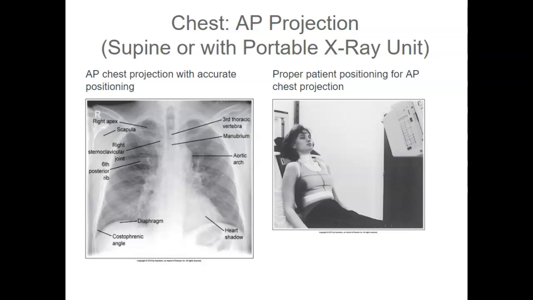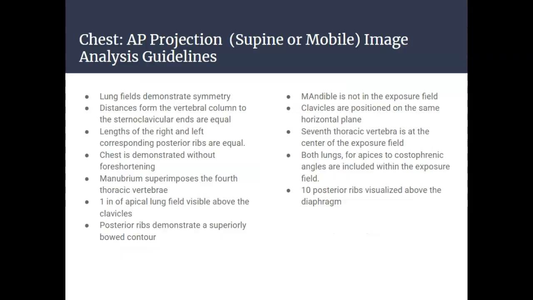Both lungs from the apices to the costophrenic angles should be included within the exposure field. 10 posterior ribs should be visualized above the diaphragm. I have included the image analysis guidelines that we just reviewed.